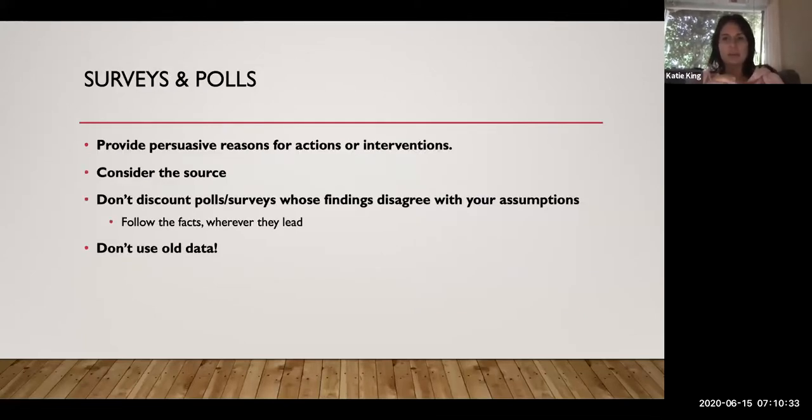Another inartistic proof when we're talking about appeals to logos are surveys and polls, right? These provide persuasive reasons for actions or interventions, because when we're talking about research, about data, big data, we don't want to use anecdotal evidence as much.